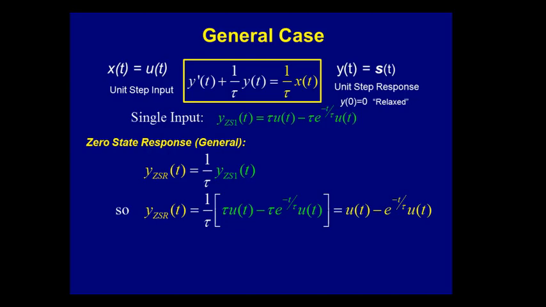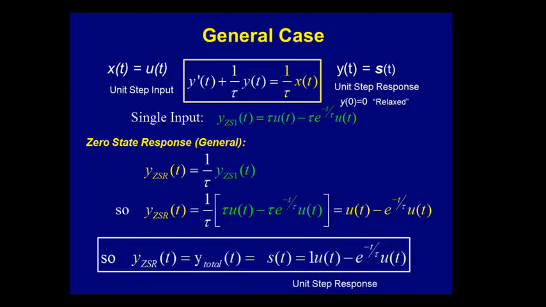We get u of t minus e to the minus t over tau u of t. I have no zero input response, so that's the whole answer. That is the step response, 1 times u of t minus e to the minus t over tau u of t, and we erased it. But that should agree with what we came up with when we measured.